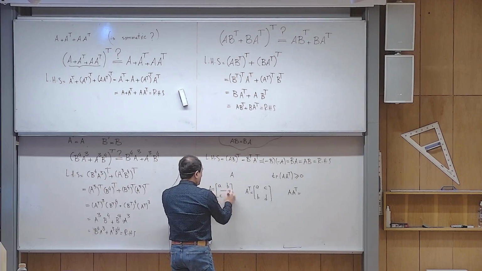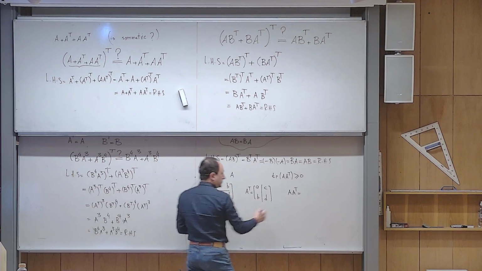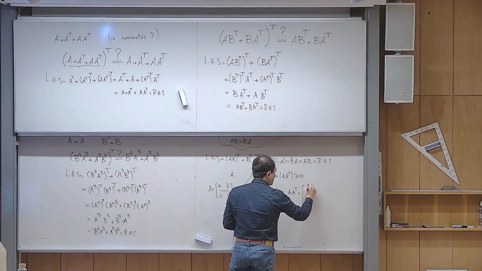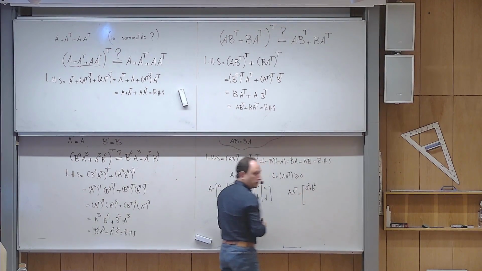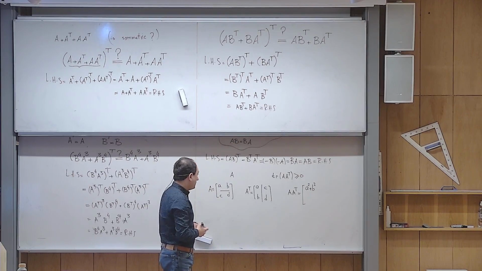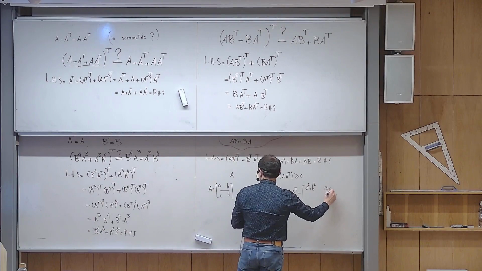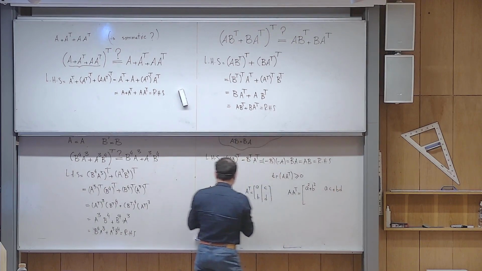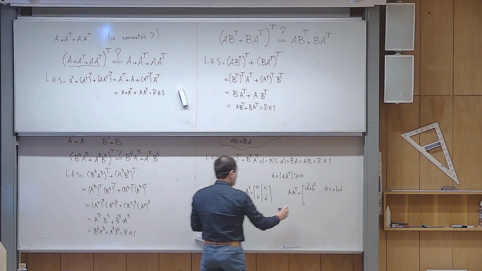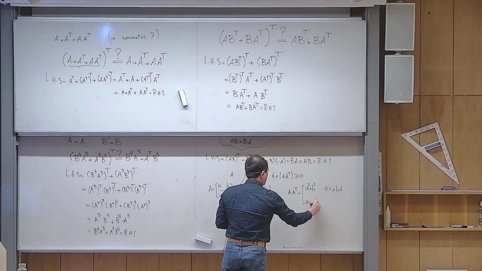So I take these rows and then these columns. I multiply this row by that column. So this A will multiply by that A, this B will be multiplied by this B, and then I have to add them. So it becomes A squared plus B squared. Then I take this one multiplied here, so this becomes AC plus BD, and then I take this one multiplied here, so it becomes AC plus BD.